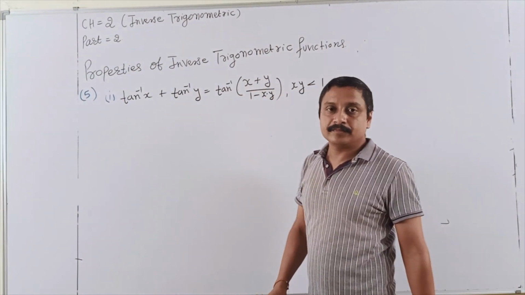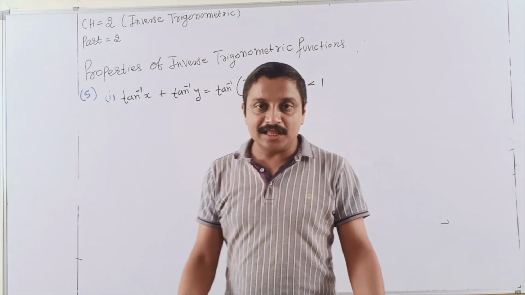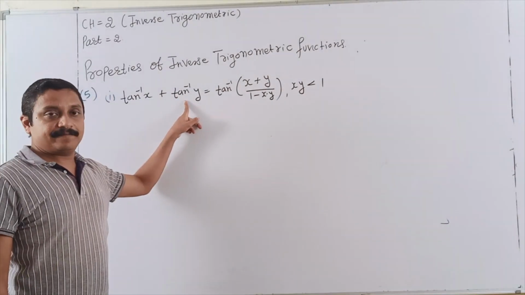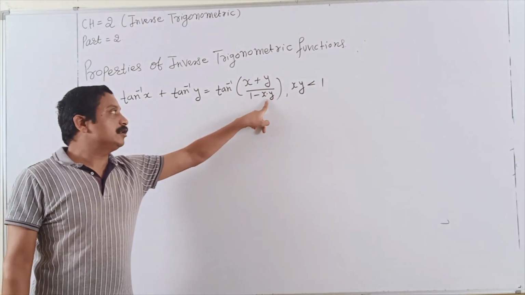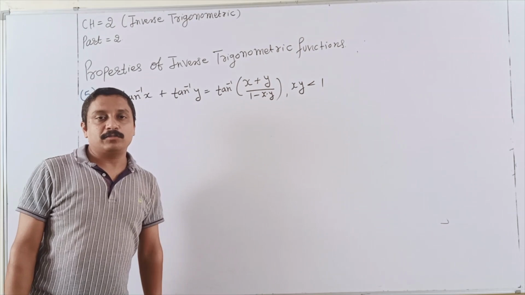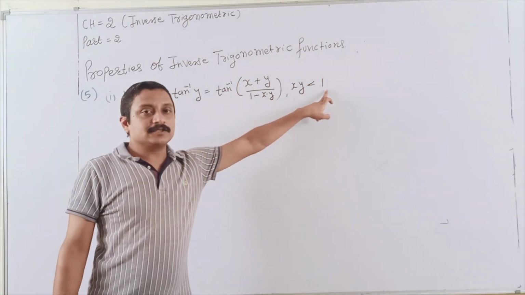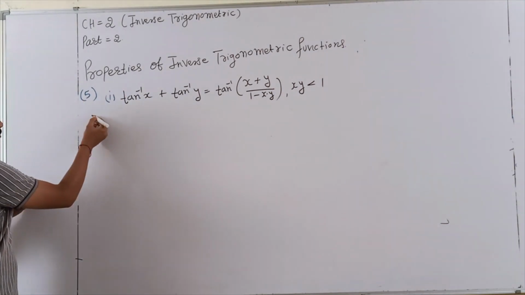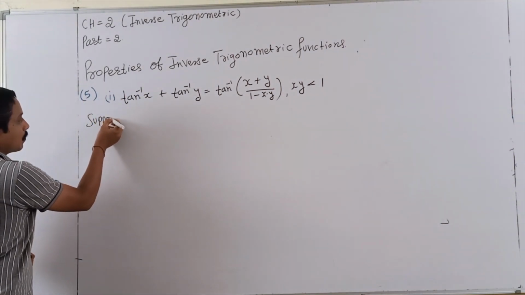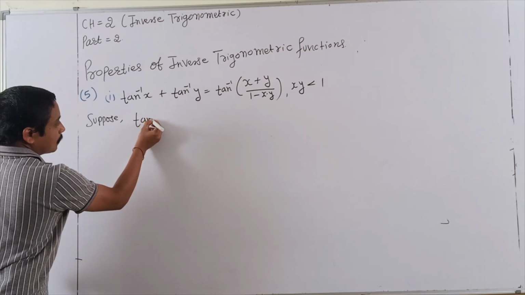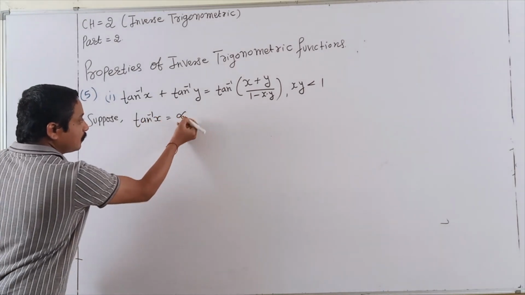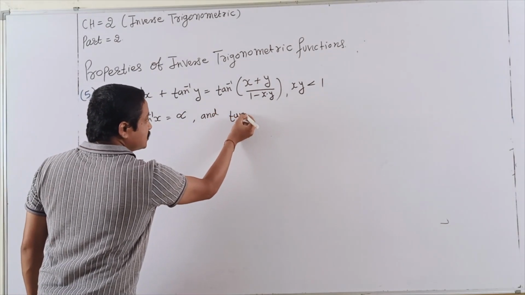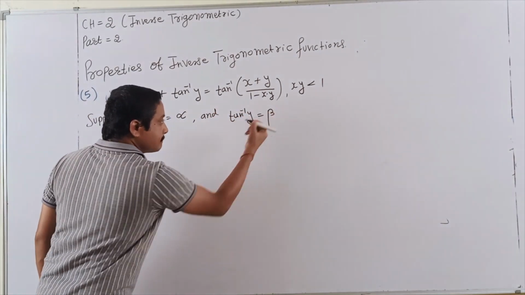First one. In property number 5 also there are generally 3 cases. Tan inverse x plus tan inverse y is equal to tan inverse of (x plus y) upon (1 minus xy), for xy less than 1. Yes students, this is also very easy to prove. Suppose tan inverse x is equal to alpha and tan inverse y is equal to beta.